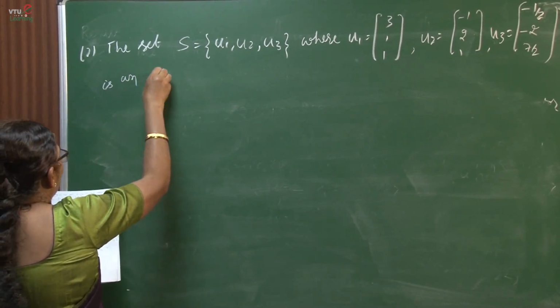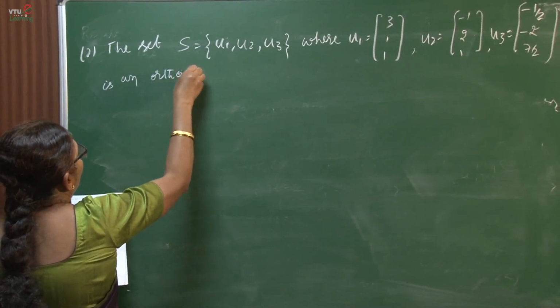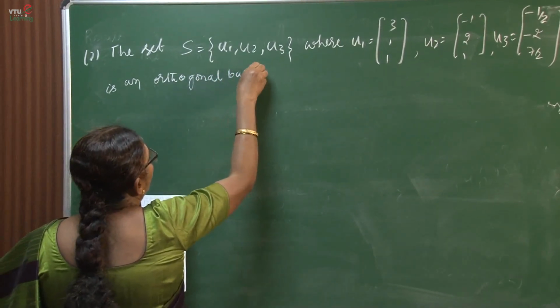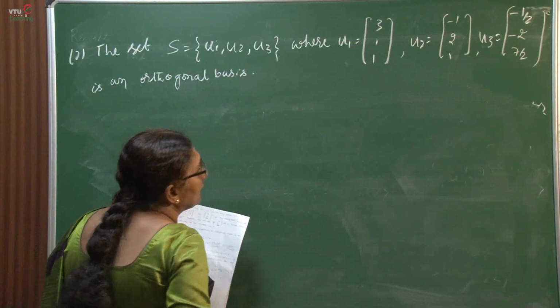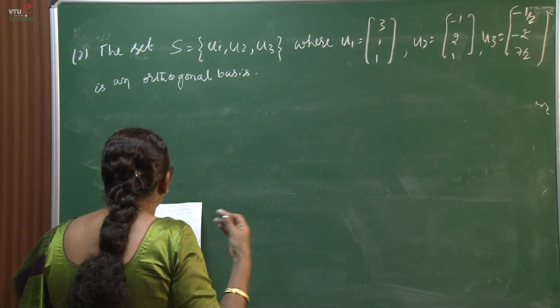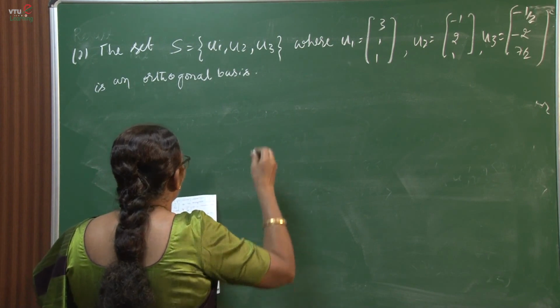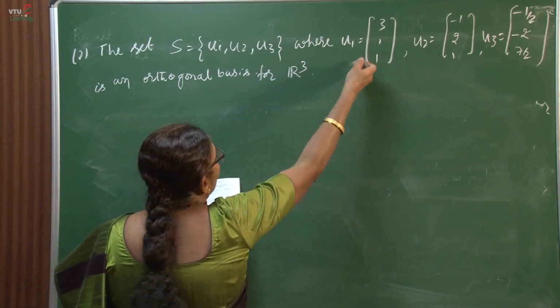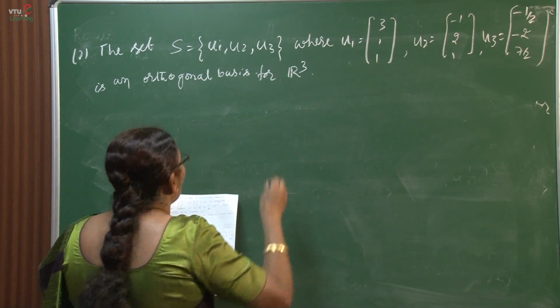Here they have given that it is already an orthogonal basis. If it is not given, it is enough to verify that these vectors are orthogonal and non-zero. It is an orthogonal basis for R power 3 because each one has 3 components.